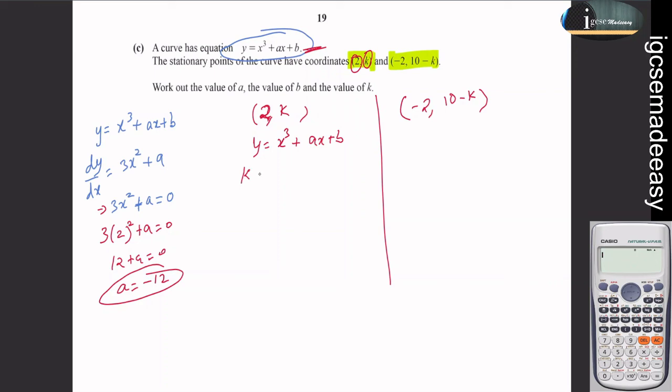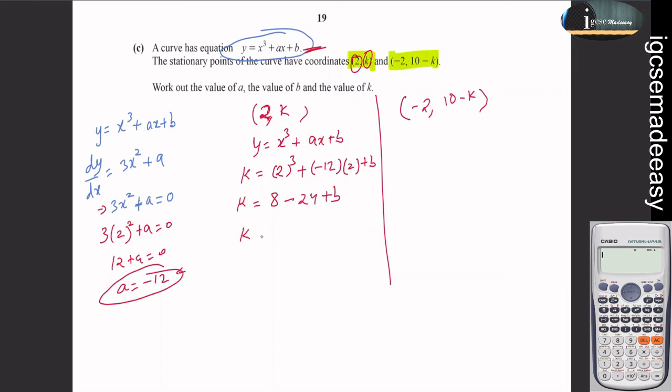Then y is k and x is 2 cube, plus, just now I solved the value of a as minus 12, and x as 2, plus b, right? So k equals to 2 cube is 8 minus 24 plus b.